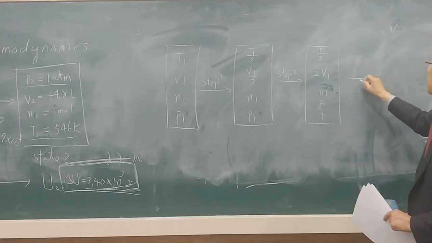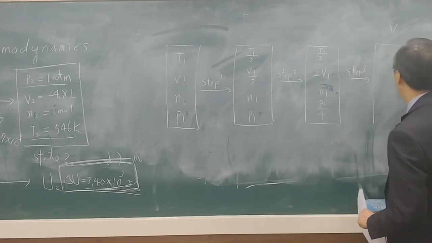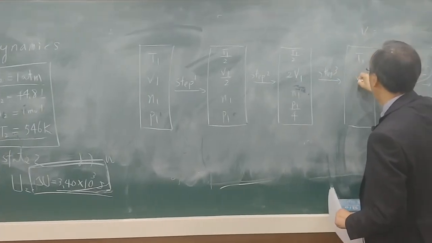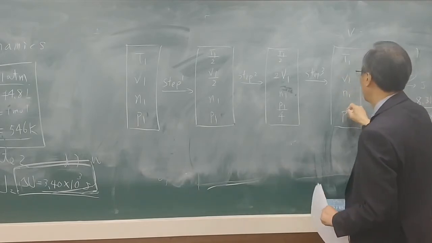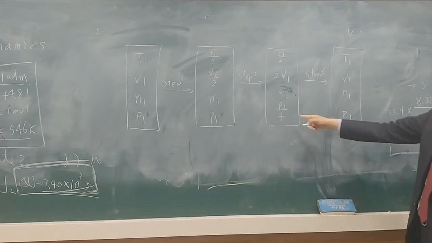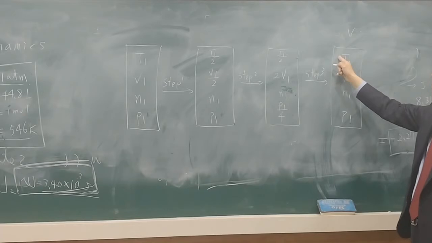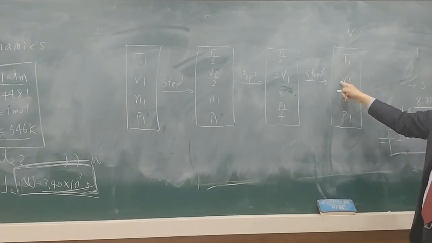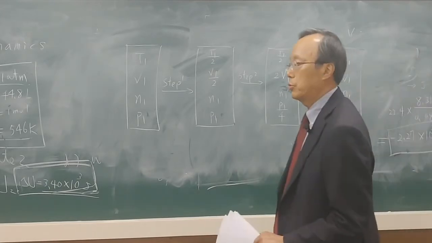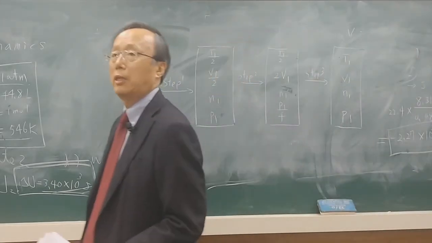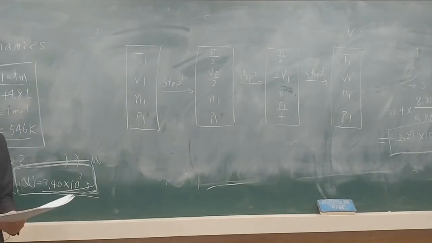In step 3, pressure is fourfold increased, temperature twofold increased, volume twofold decreased. So my question is, what will delta U and delta H be at the end of the process?